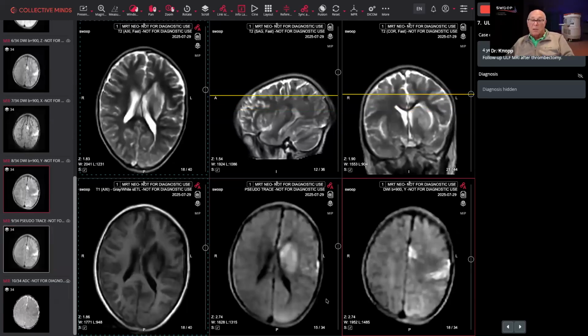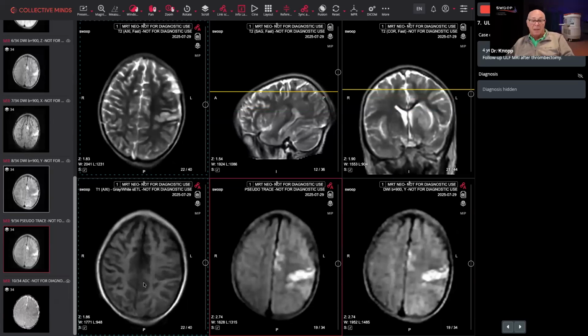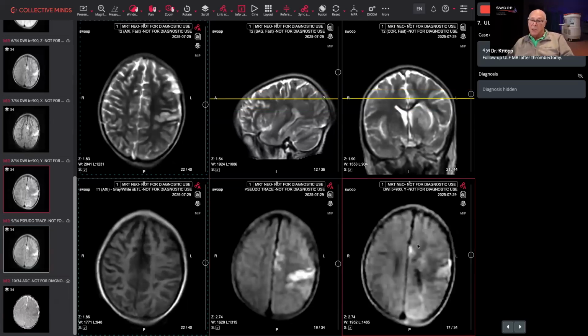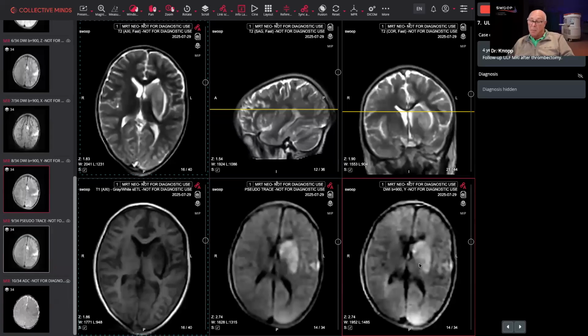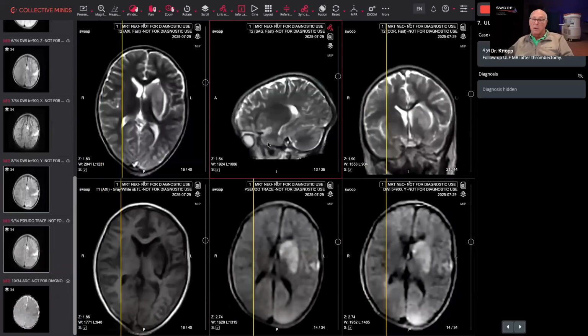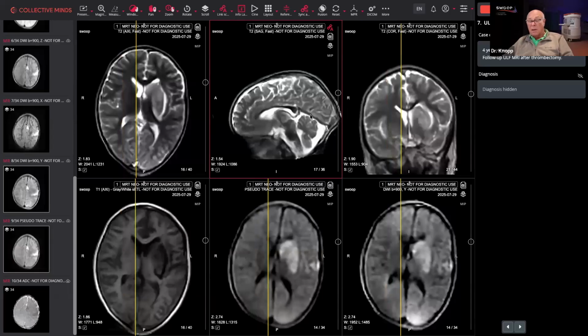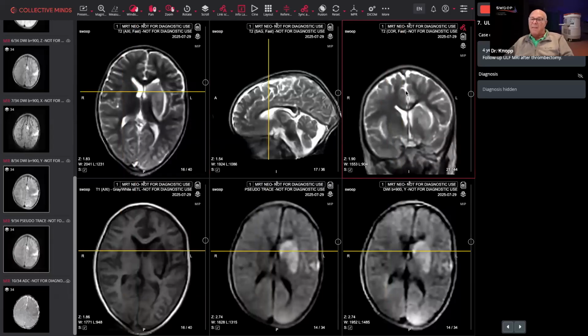So there's localized evidence, a kind of mass effect, as we're seeing some sulcal effacement where the infarct is. In addition, where what I believe is a parenchymal hemorrhage, there's mass effect and maybe a slight degree of shift of the midline structures, but nothing that would be significant. As we saw earlier, there's no evidence of tonsillar or tentorial herniation here. So I think if anything, it's probably minimal, if at all present.